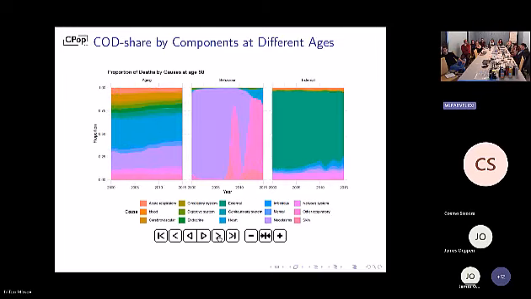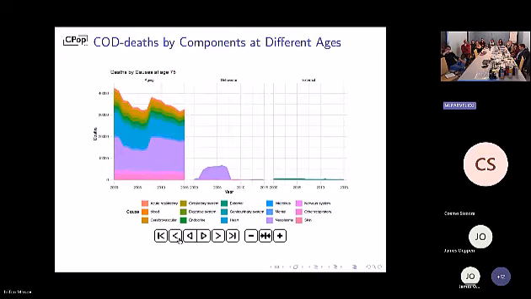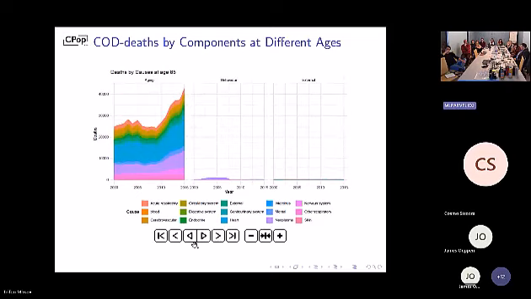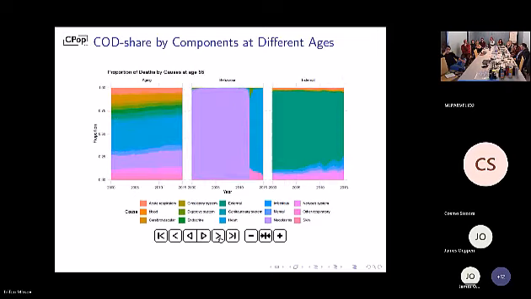Okay, and again, at ages 80 and 90, at the other stages, this is just sideways. What I find really important is the shares of deaths by cause in the aging component, especially after a certain age.